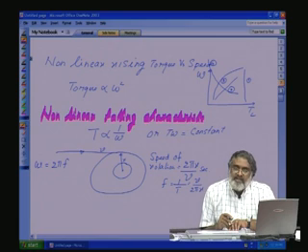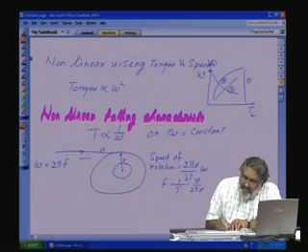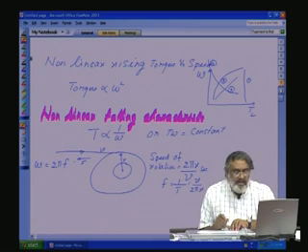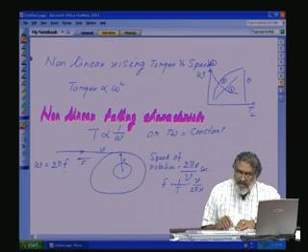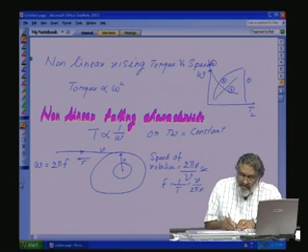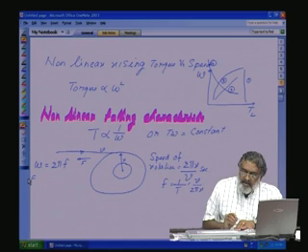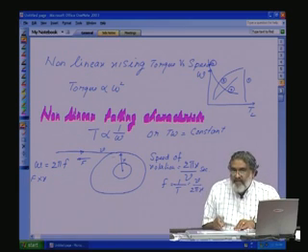Now, what is the power exerted by the drive? We have to give a constant opposing force here. This is force F. So what is the power? The power exerted by the drive P will be equal to F into R. R is the radial distance and F is the tangential force.